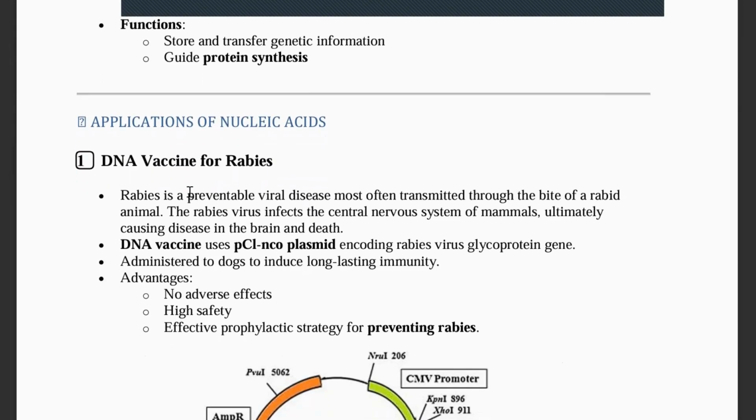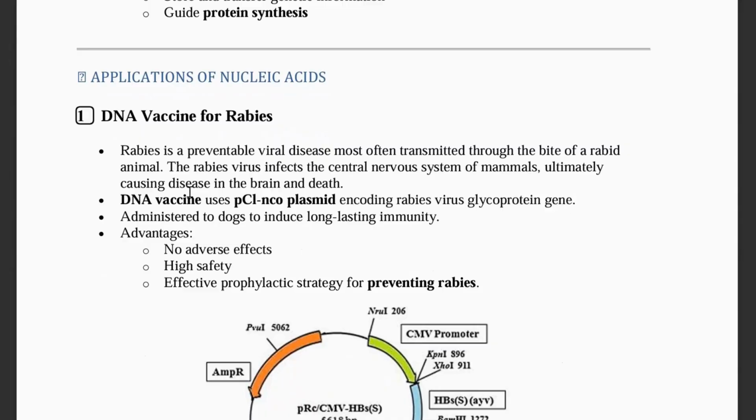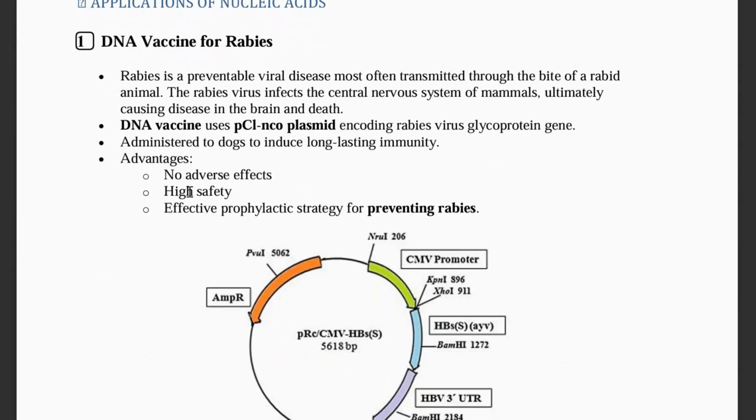Application of the nucleic acid is firstly DNA vaccine for rabies. So rabies is a preventable viral disease. Most often it is transmitted through the bite of the rabid animal, especially to mammals. The rabies virus infects the central nervous system of the mammals, ultimately causing death. The DNA vaccine uses pCL or pCO plasmid encoding the rabies virus glycoprotein gene administered to dogs to induce a long-lasting immunity.